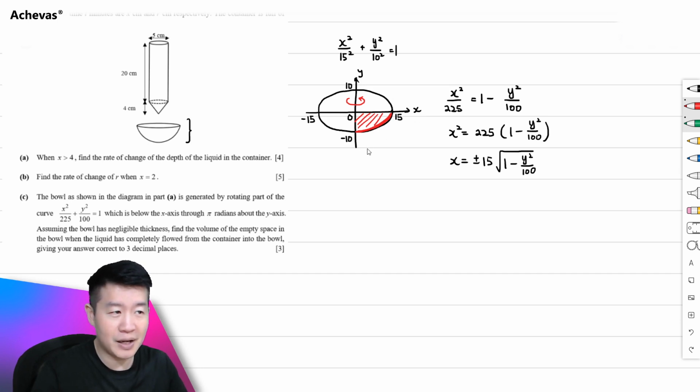So this entire part here is x equal to positive 15 square root of 1 minus y squared over 100. And then this part here is x equal to minus 15 square root of 1 minus y squared over 100. Okay?